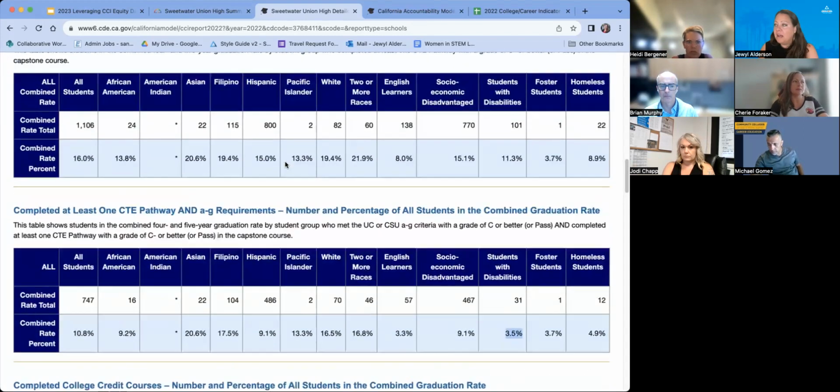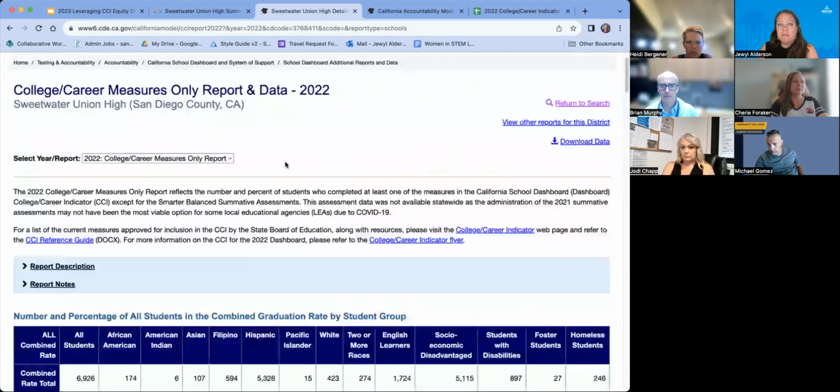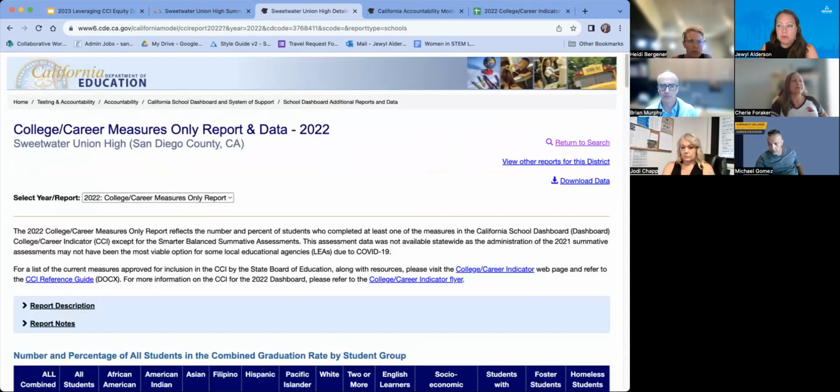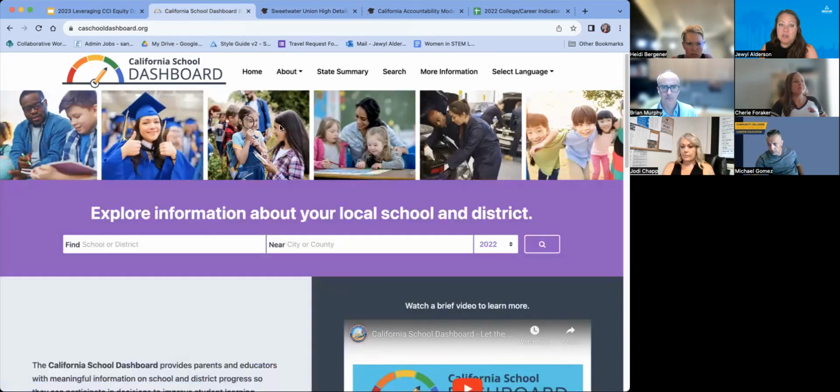So if I want to make sure then that folks can find their report. If you're on the call right now, I want you to go find this report for yourself. And then if you have any trouble, let me know. So you might start here on the dashboard. You might put in your own district right here.